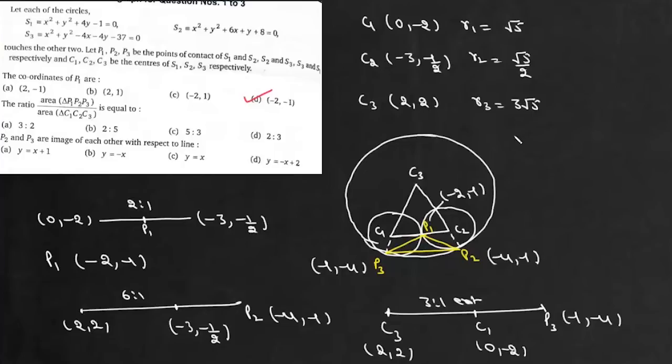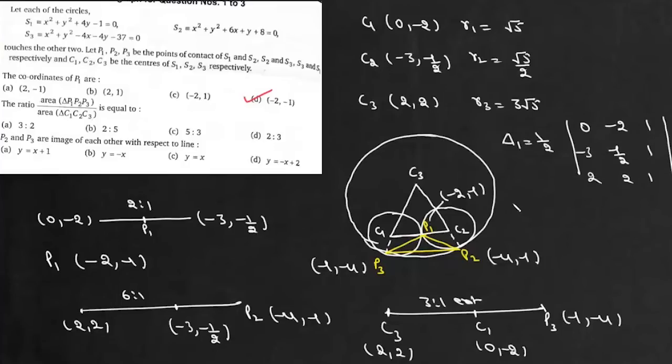Now area of triangle formed by C1, C2, C3 is, suppose, delta 1. So it will be 1 by 2 times the determinant with rows 0, minus 2, 1; minus 3, minus 1 by 2, 1; and 2, 2, 1.